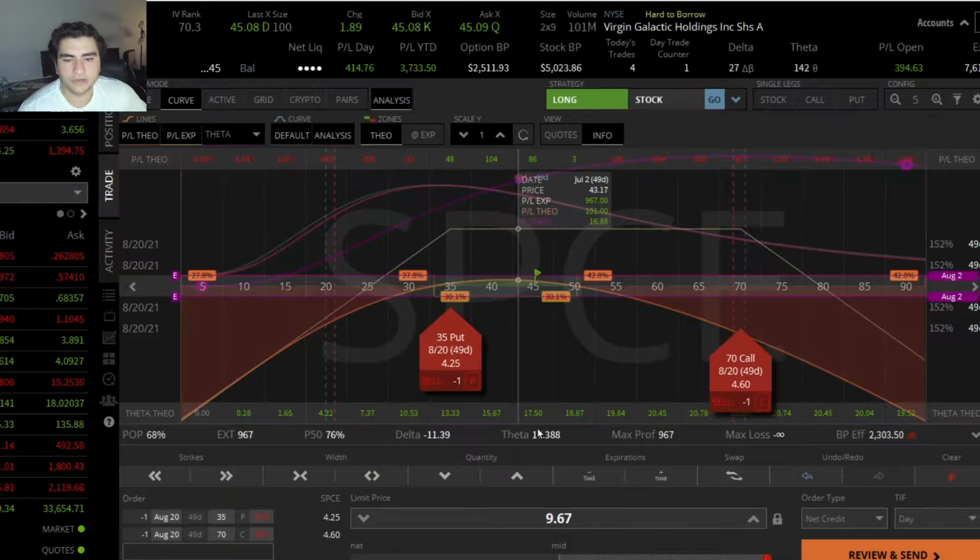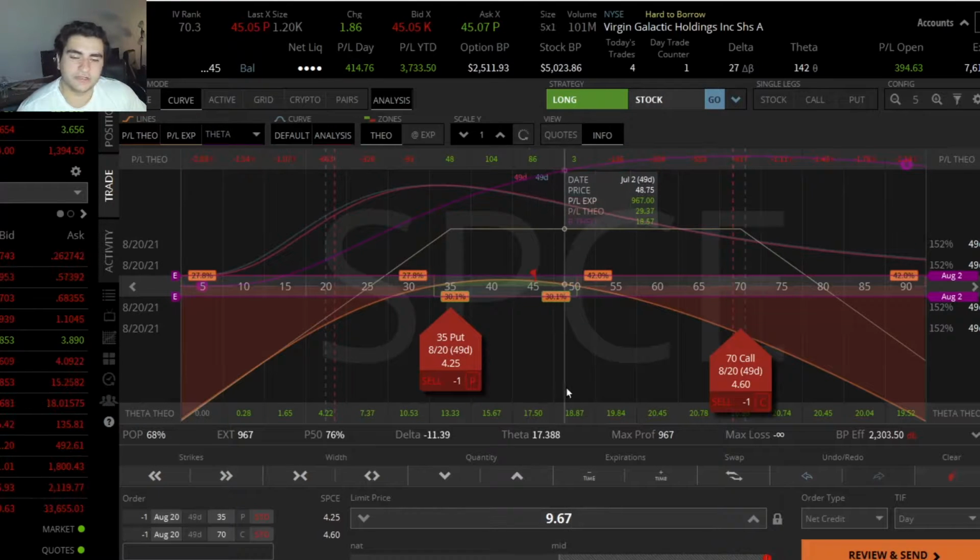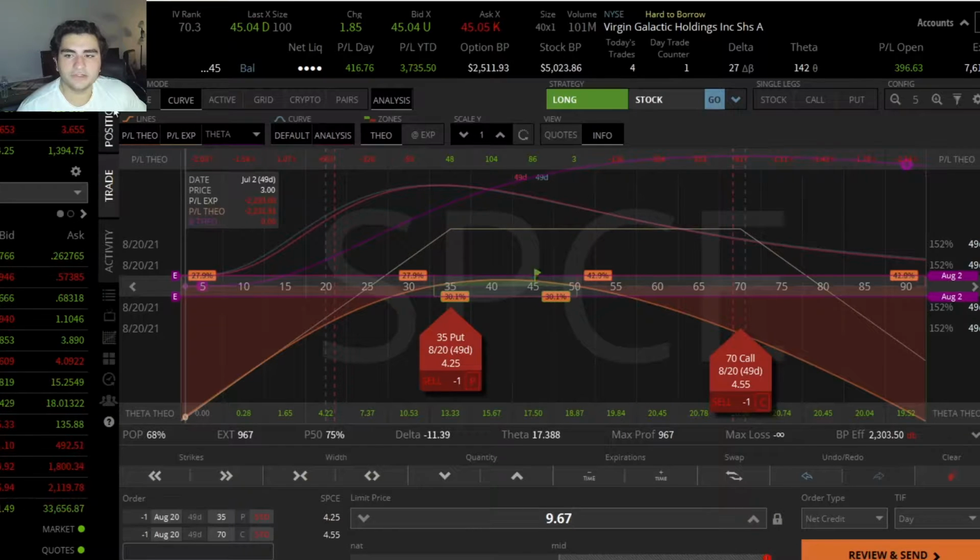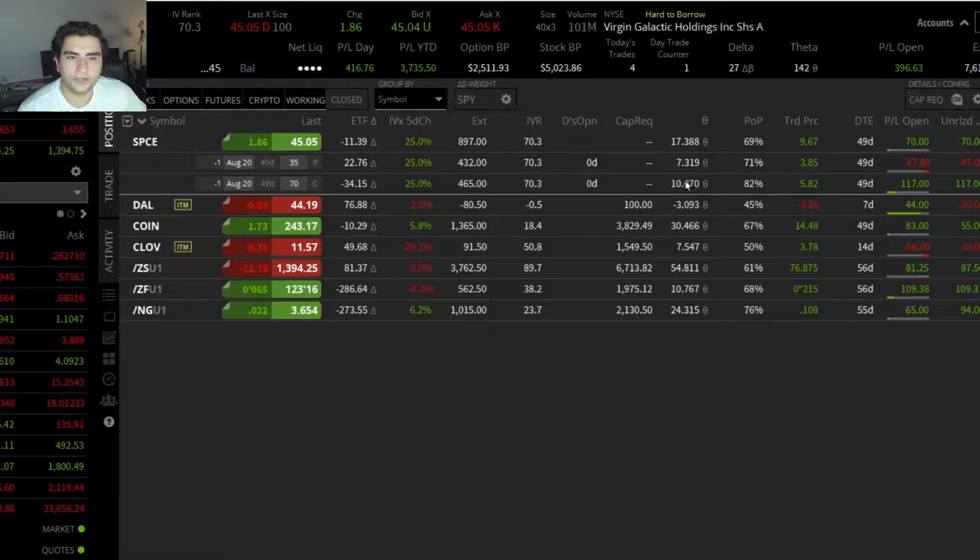As you see right here, we have $17.38 of theta every day getting added to theoretical value of our spread, or I should say decayed in theoretical value from our spread. Now, let's go back to our overall portfolio and take a look at some percentages.